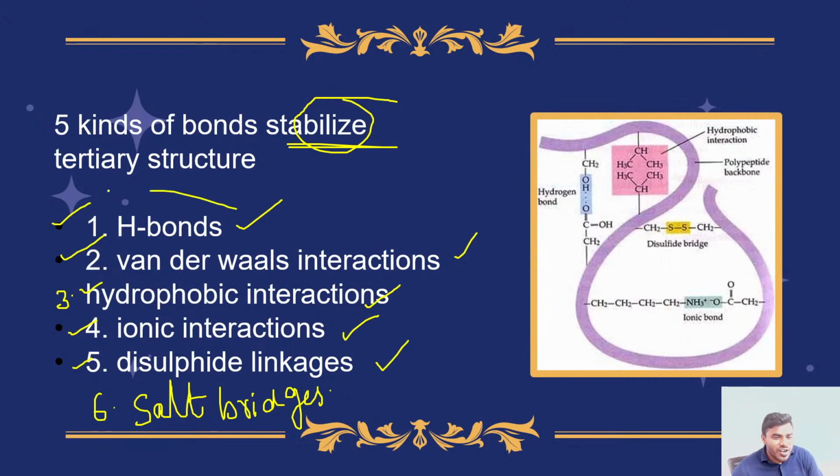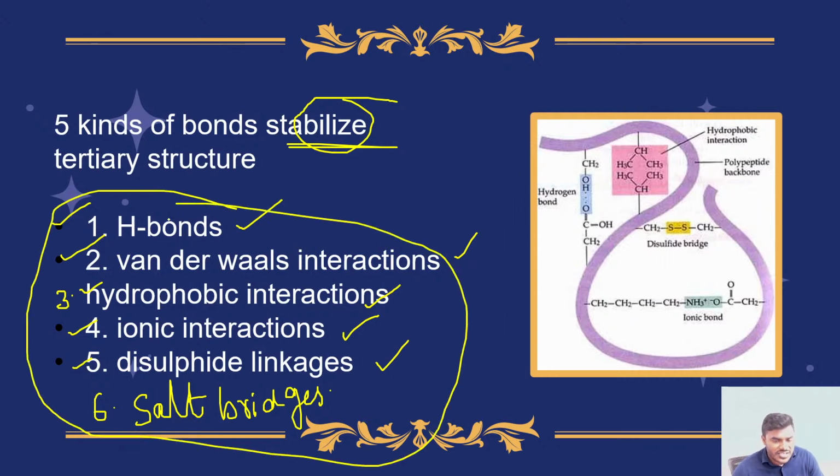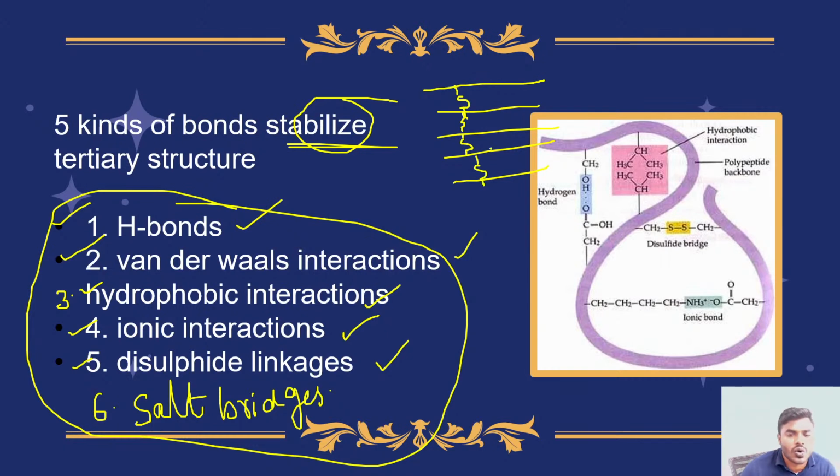But instead of asking all this, if they ask you only one interaction that makes the quaternary structure highly stable: just now I told you, this is one subunit, second subunit, third subunit, fourth subunit, fifth subunit. Keep it in your mind, most of the time they all become stable by the disulfide linkages only.